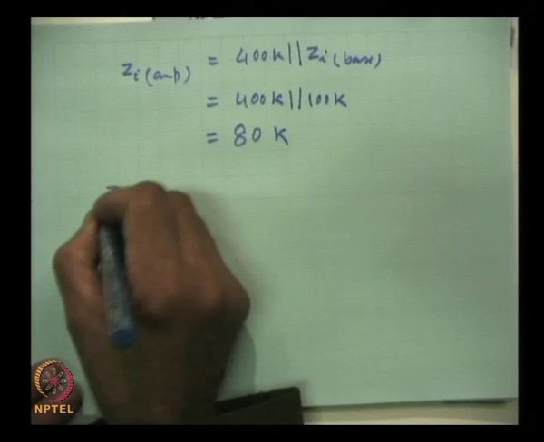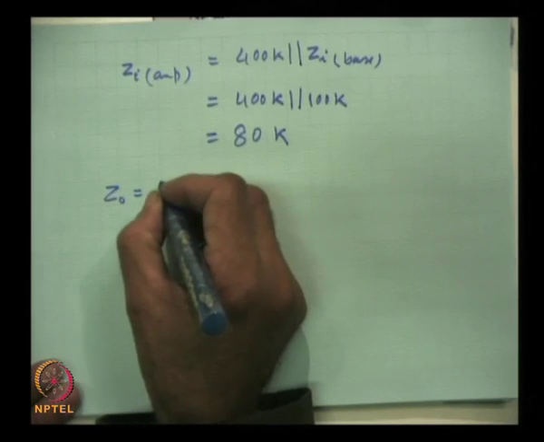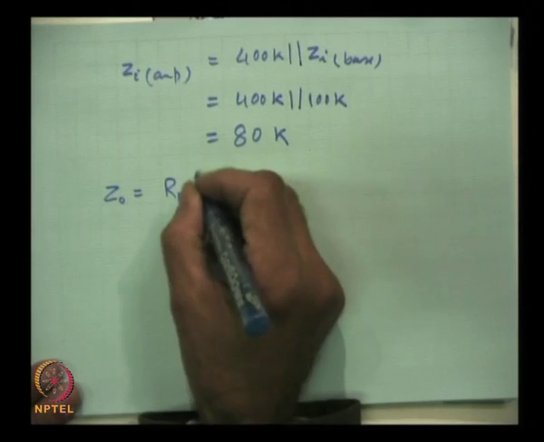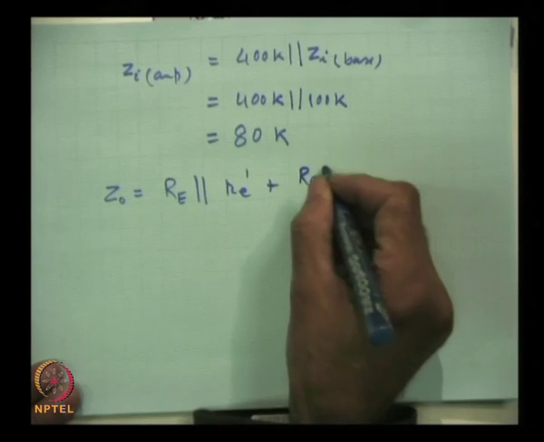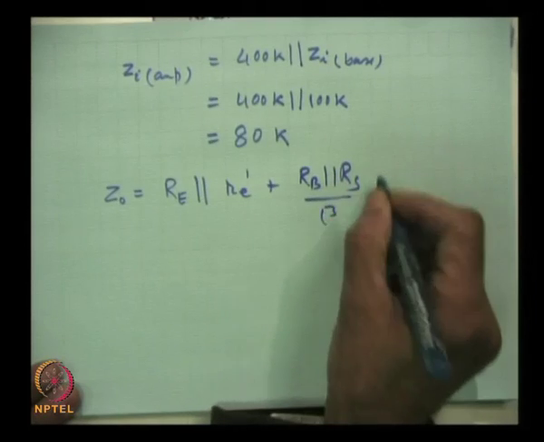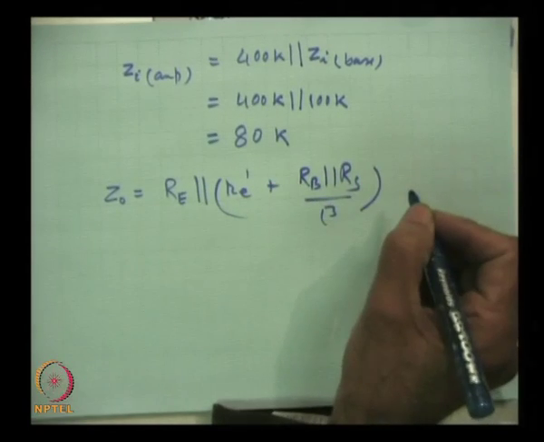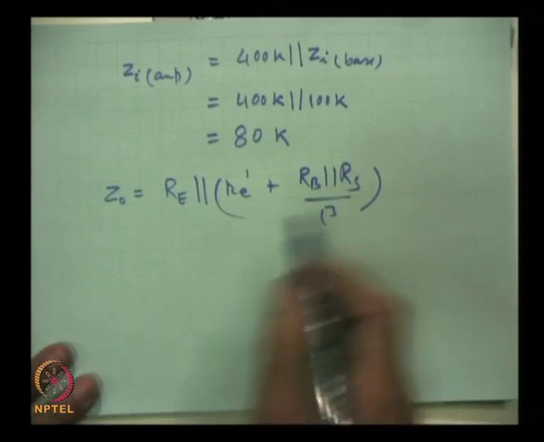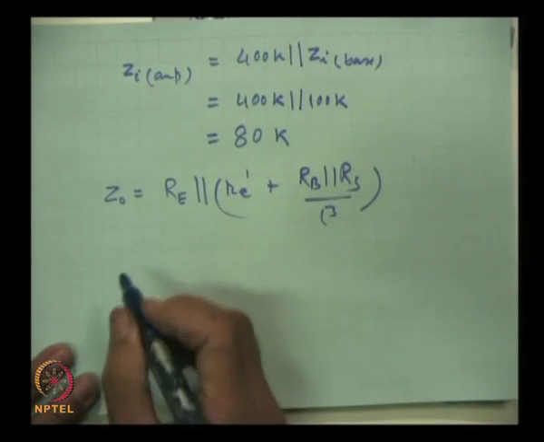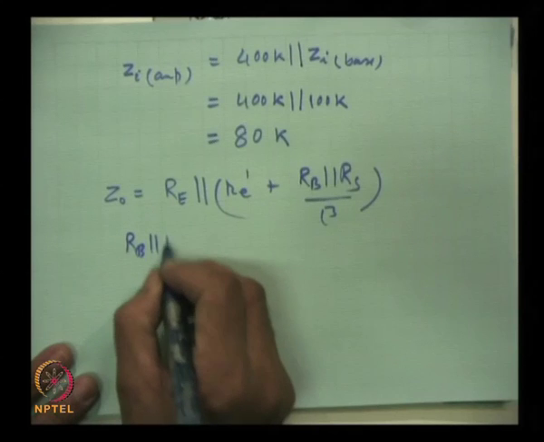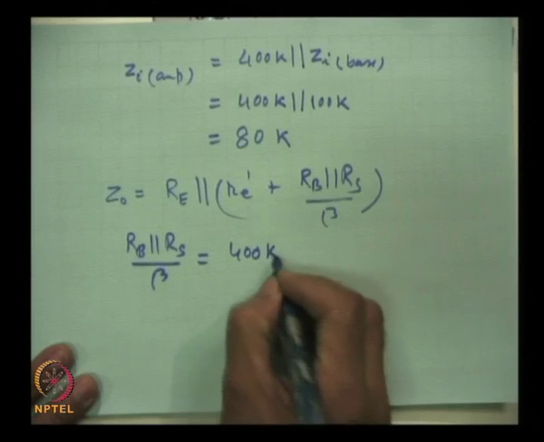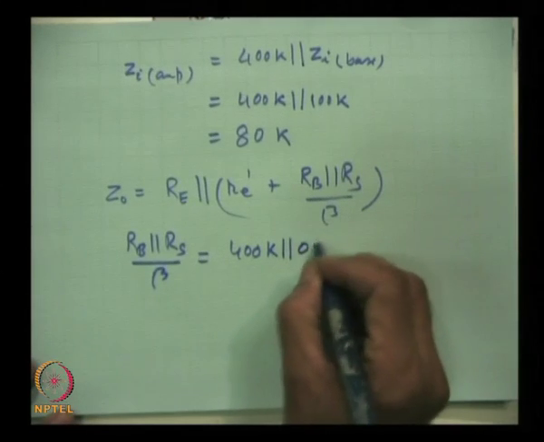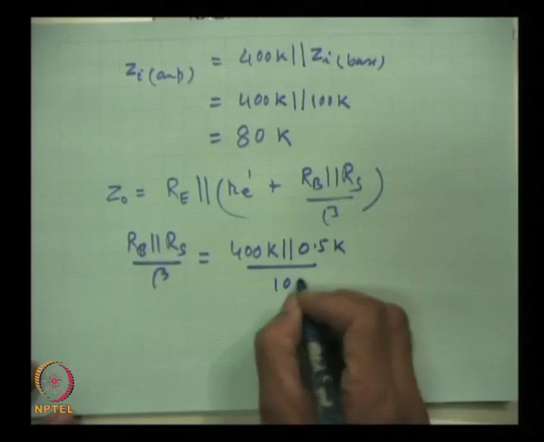Now, the output impedance Z0, we arrived at the expression Re in parallel with Re prime plus Rb in parallel with Rs by beta. This is what we arrived at. We talked about this, and now Rb in parallel with Rs by beta, this is 400 K into 0.5 K divided by 100.